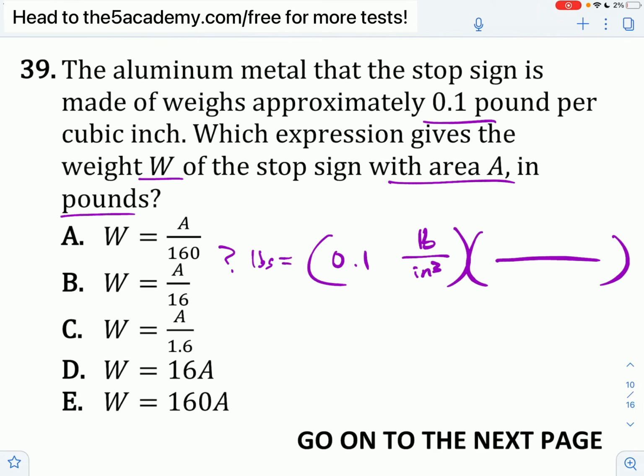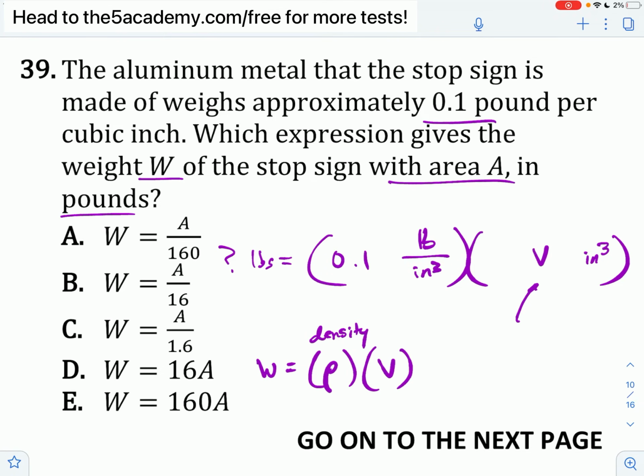Okay, so how do we do this? In order to go from this to get pounds, we need to multiply by some volume, inches cubed. So this weight is going to equal the density, rho, it's a Greek letter, times volume.